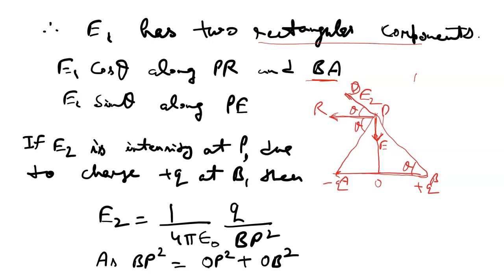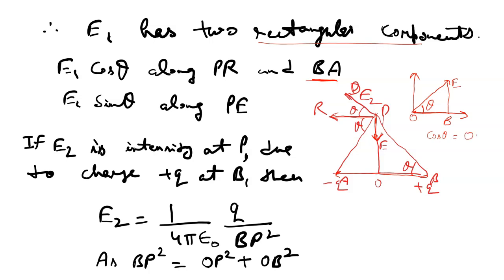Let us revise it. Suppose this is the electric field intensity making angle theta here, and I draw a perpendicular line here. Suppose this is B, this is O. Now cos theta is base upon hypotenuse.